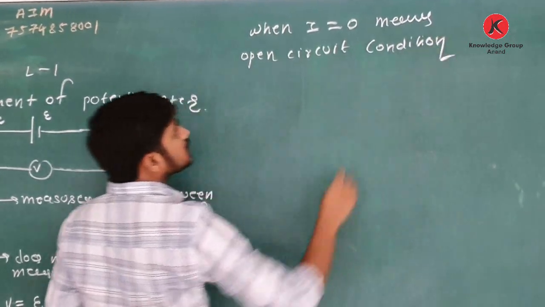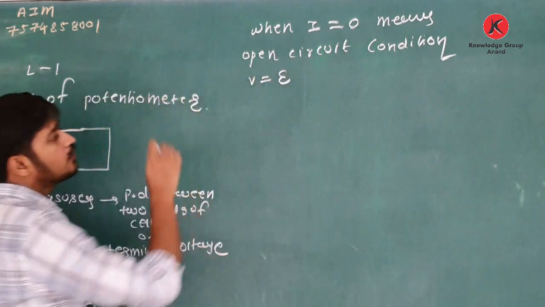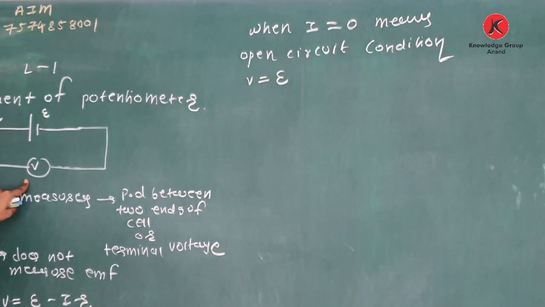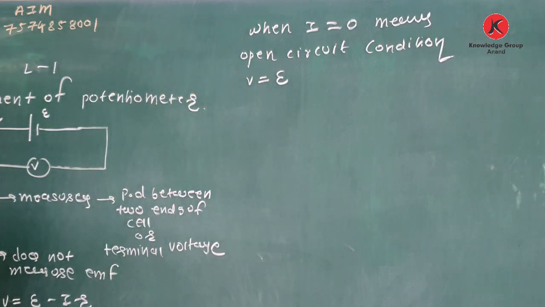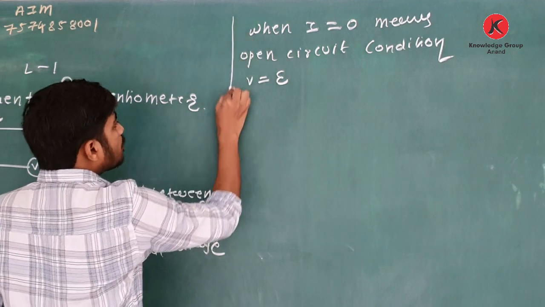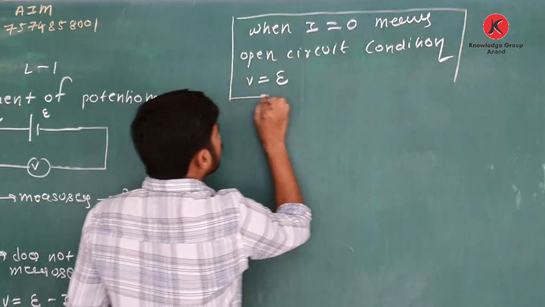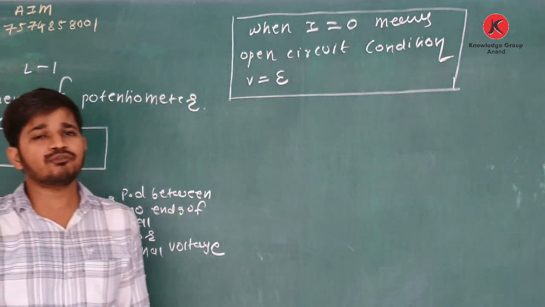So in open circuit condition, we can write V is equal to E. Whatever potential difference this voltmeter measures is equal to the EMF. You have to remember this concept: when I is equal to 0, V is equal to E, the potential difference is equal to the EMF of the cell.